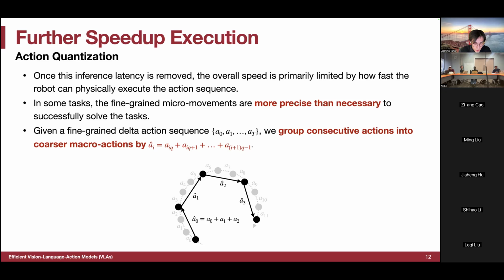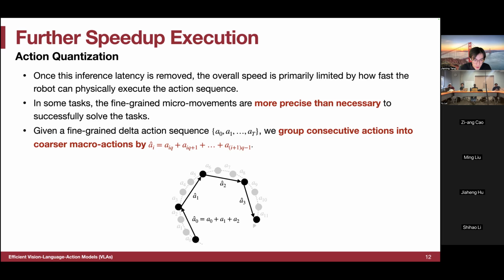Current VLA models are usually trained on very fine-grained table operation data, like 200 hertz for Physical Intelligence. So in many tasks, the policy outputs very fine-grained actions, which are far more precise than necessary to solve those tasks.